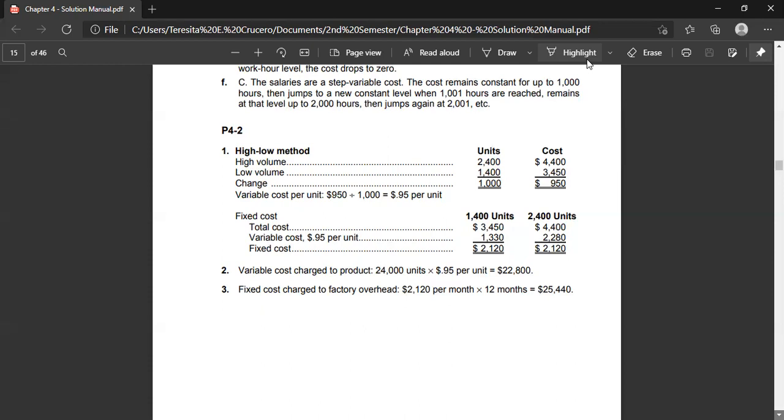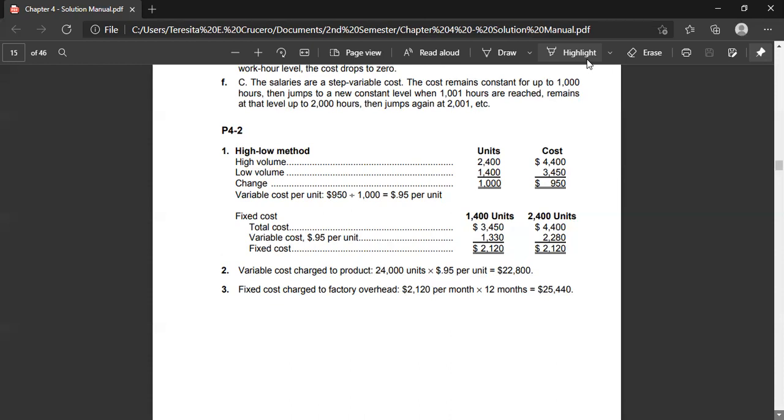Now, at the capacity level of 2,400 units, your total cost, which is actually semi-variable, is 4,400. Then we deduct the variable cost component equal to 0.95 cents multiplied by 2,400 units. So it gives 2,280.